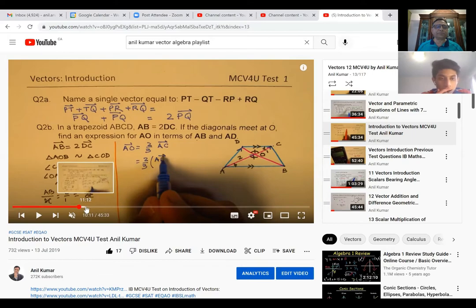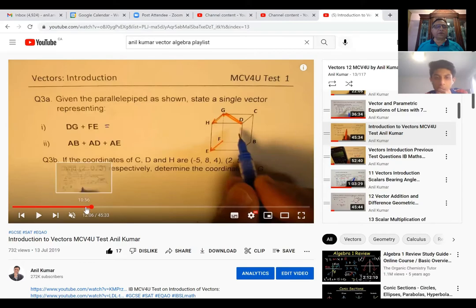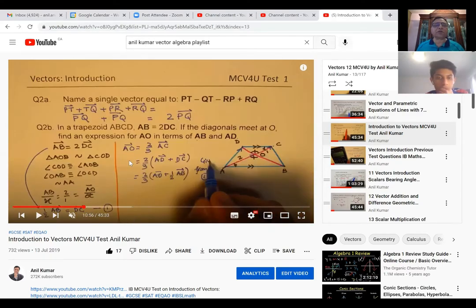Sir, quick question. When you wrote AO is equal to 2/3 of AC, that's the trapezoid one, right? So we have to work this. This will come later because see, if you go from the left hand side, AB is twice DC, and we know that the triangle AOB is similar to triangle COD, and the ratio is 1:2 in these similar triangles.